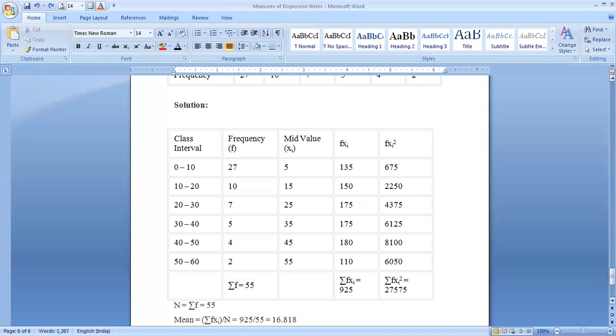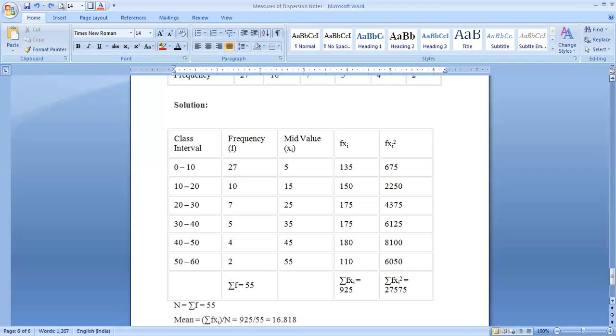Now we calculate the terms like summation of fi. We take the addition of all the frequencies and the total frequency comes to 55. Next, the summation of fi xi comes to 925. The summation of fi xi square is 27,575.